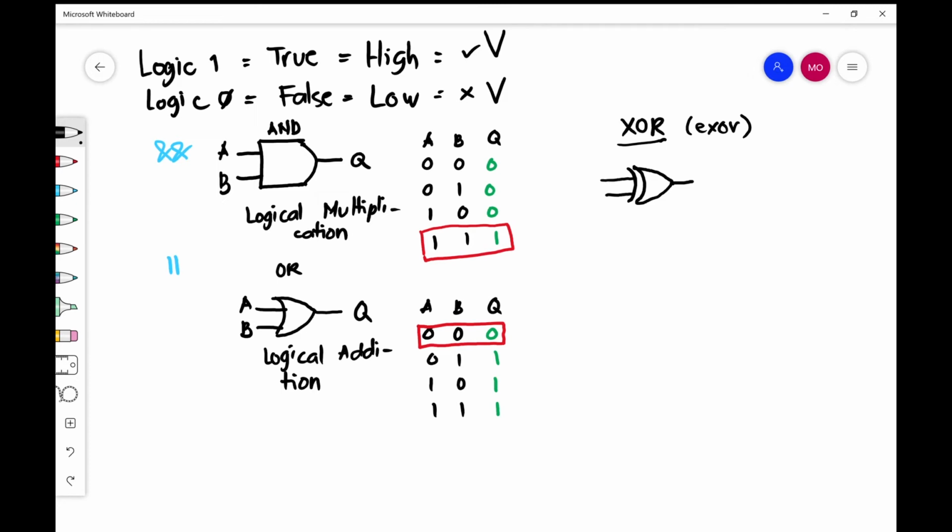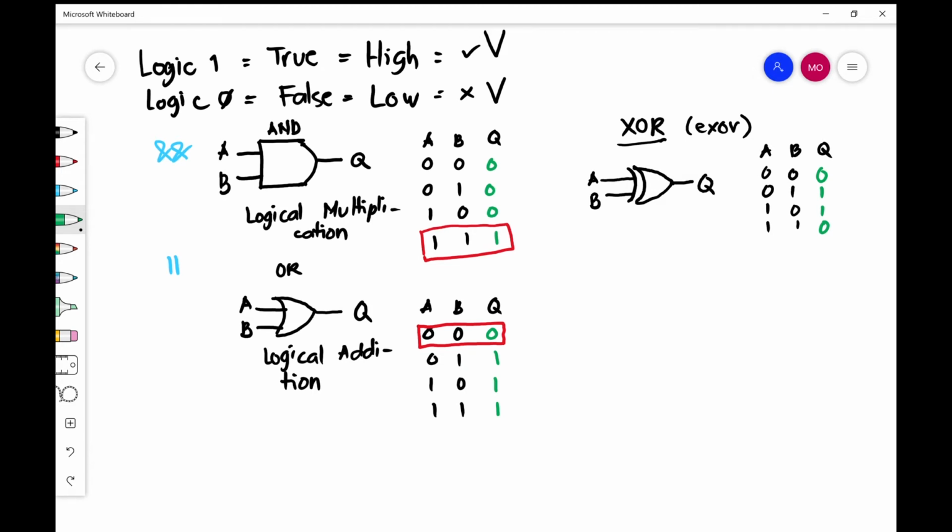You also have an input A and B and an output of Q. For its operation, it says that if you have opposite inputs, that is, if you have 0 and the other one is 1, that's the only time it will output 1. Therefore, the truth table would look like this. Because we have 0 and 1, 1 and 0.